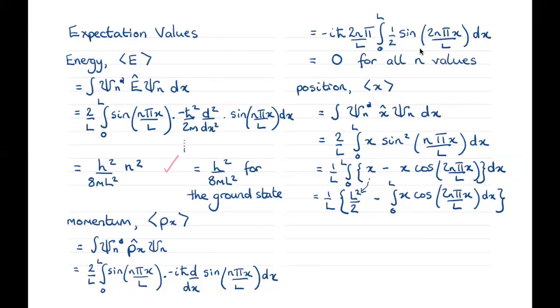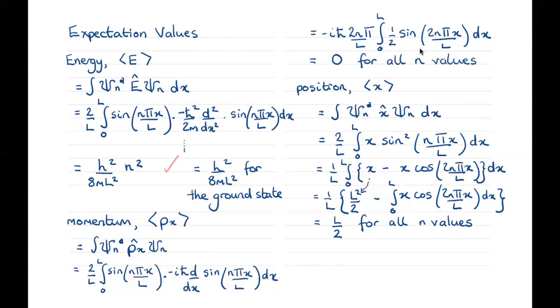So my solution for the position operator is L over 2, again for all values of n, not just for the ground state. So the average position, the expectation value of the position, is halfway along the box.